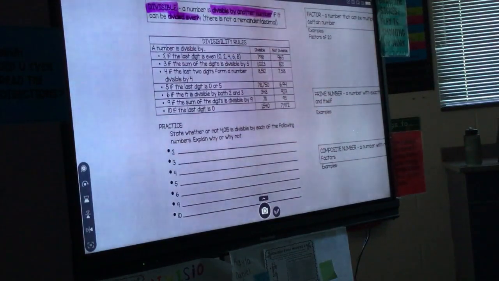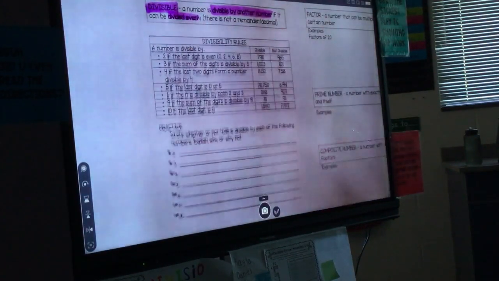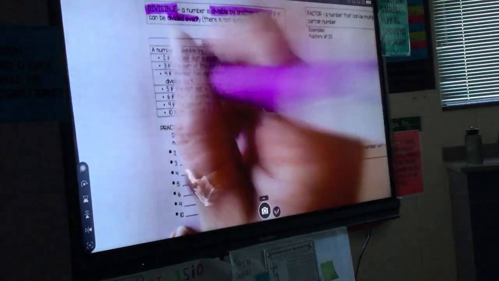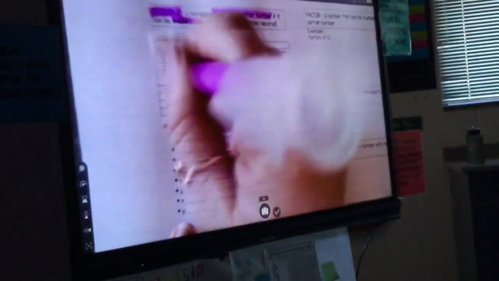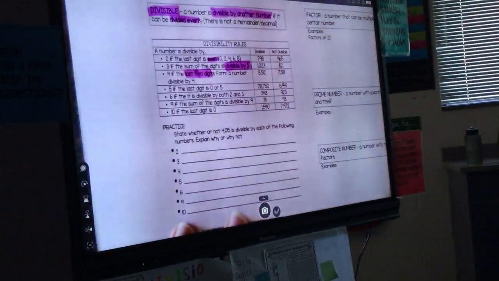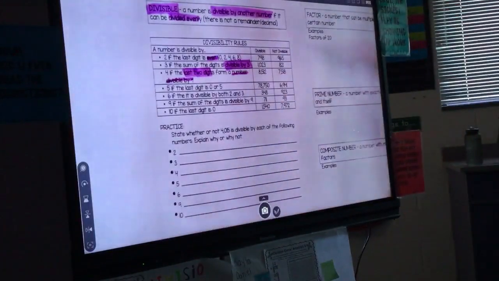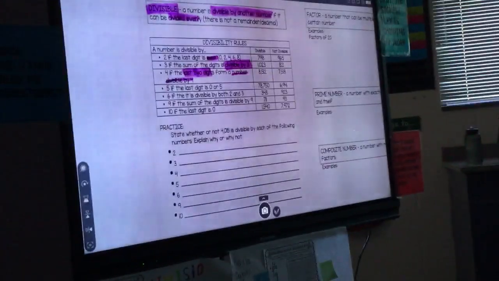These are all the rules for each of these numbers. 2, if it's even. 3, if it's divisible by 3. 4, the last 2 digits are a number divisible by 4. The example is 12. 12 is divisible by 4 because why? 12 divided by what gives you 4?